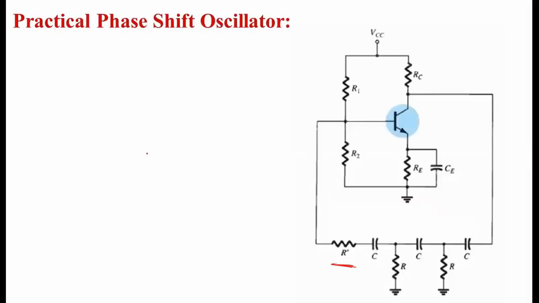Now, if we draw the equivalent circuit H parameter model for this circuit, we can find the expression for gain and frequency of practical phase shift oscillator.